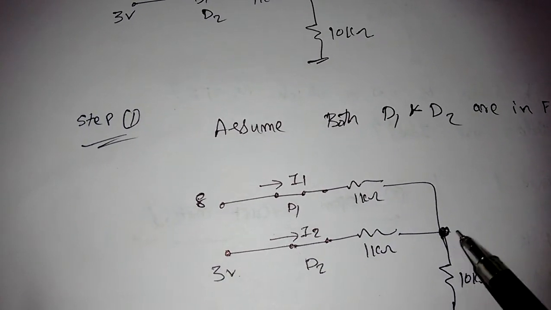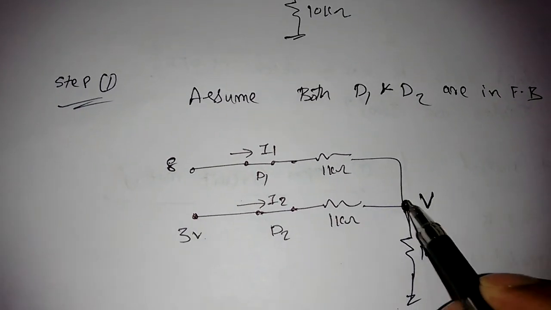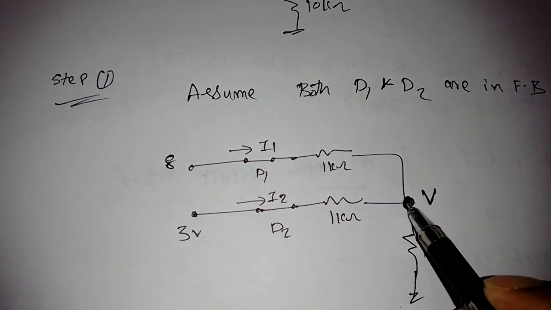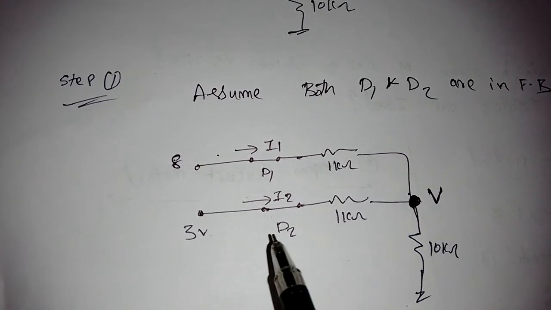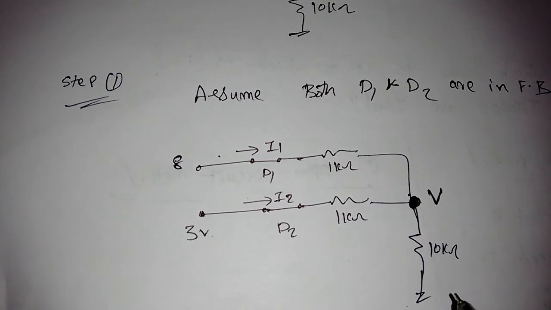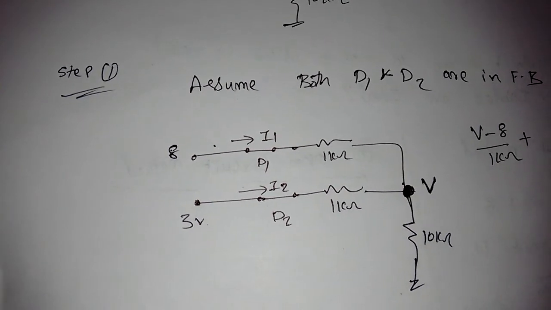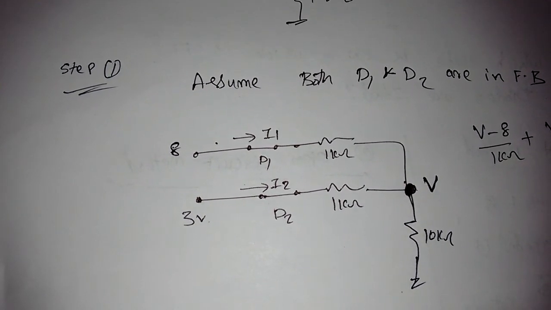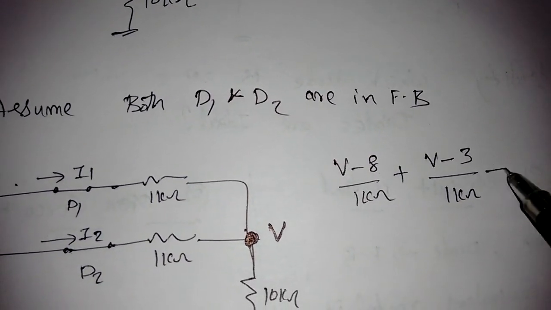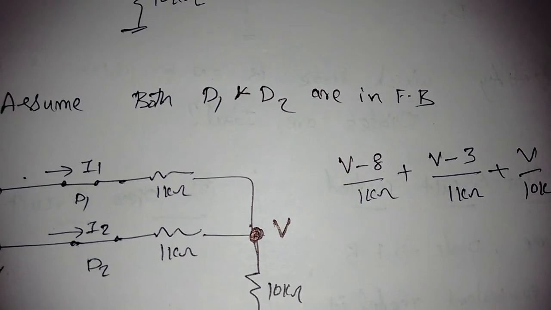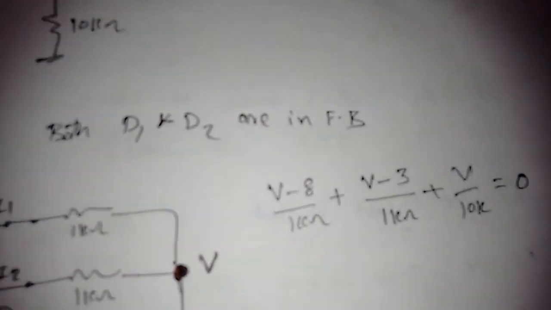If I assume some voltage V here, and apply nodal analysis at this V: (V minus 8) by 1 kilo plus (V minus 3) by 1 kilo plus (V minus 0) by 10 kilo equals 0. This is the nodal analysis. Now from this I can easily find V.